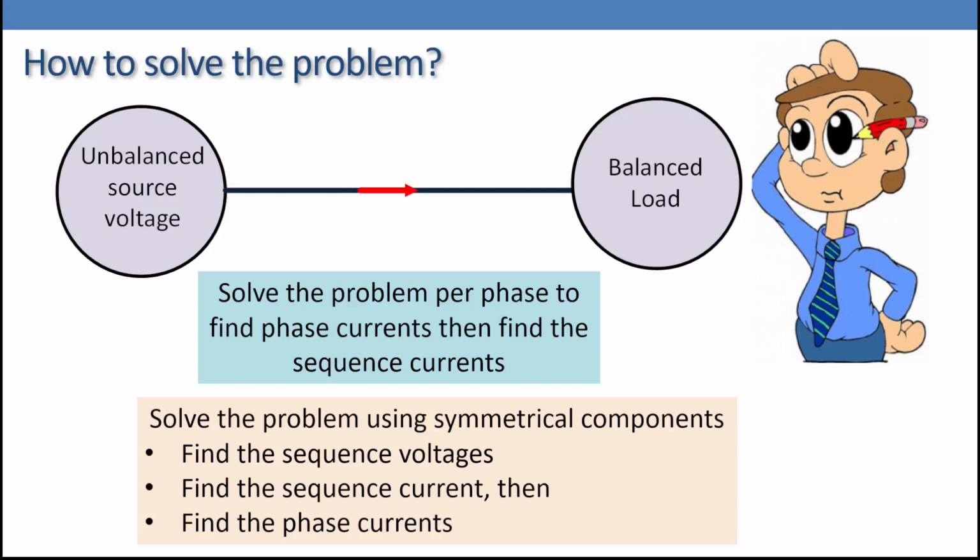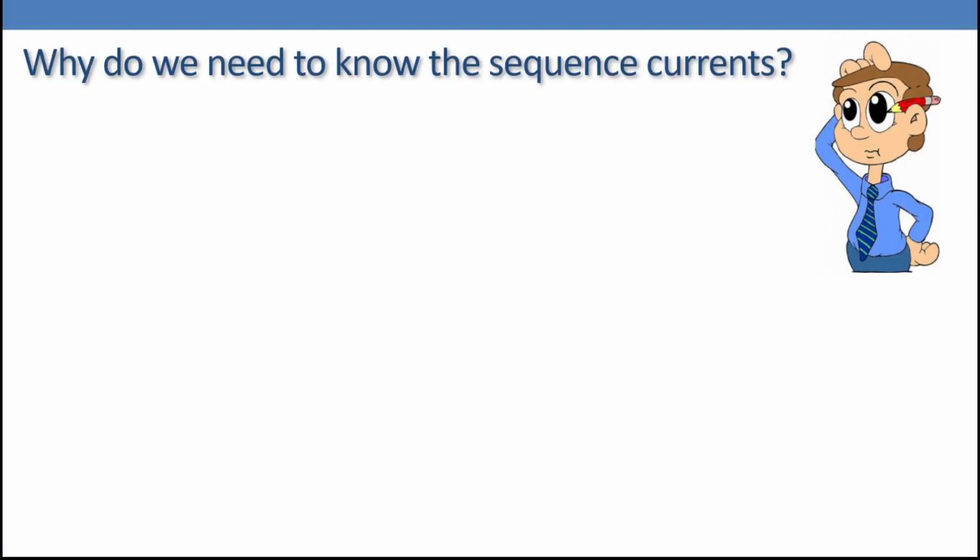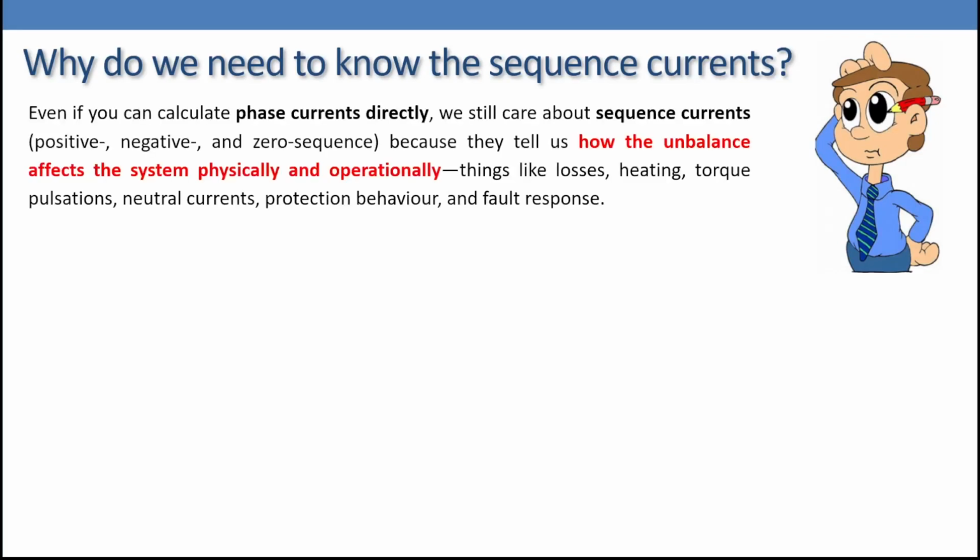But there is a question here. Do we need the sequence currents? Why do we need to know them? If the system has unbalanced phase currents, we still care about sequence currents: positive, negative, and zero sequence. They tell us how the unbalance affects the system physically and operationally: losses, heating, torque pulsation, neutral currents, protection behavior, and fault response.